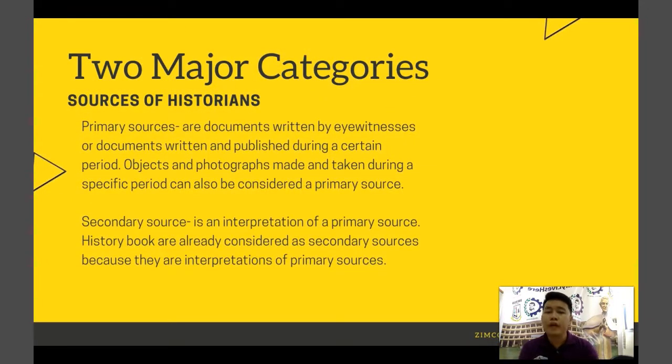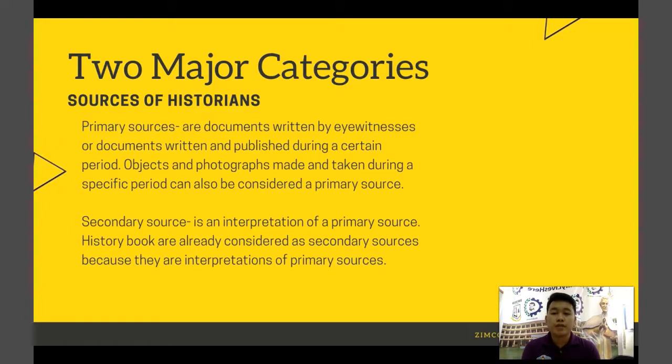Now, how do we find out, and where do we base history, and what are our sources in writing and knowing our history? Now, there are two sources, or two major categories. One is the primary source, and the second is the secondary source.